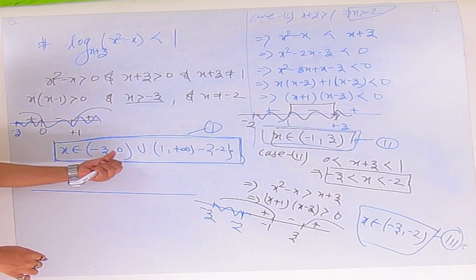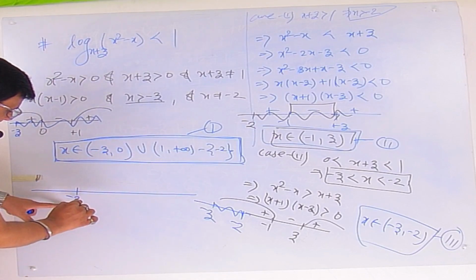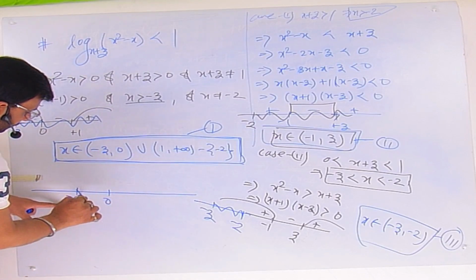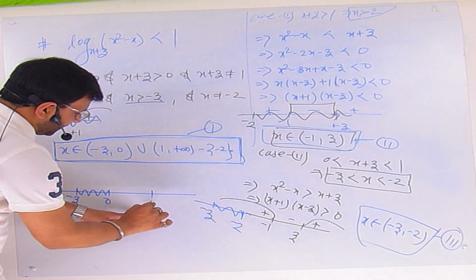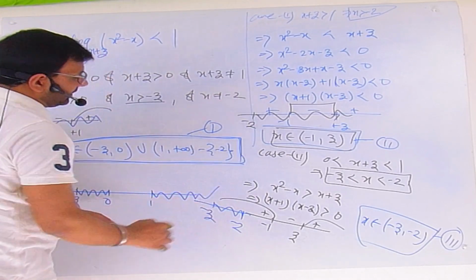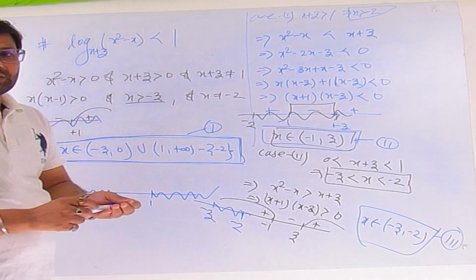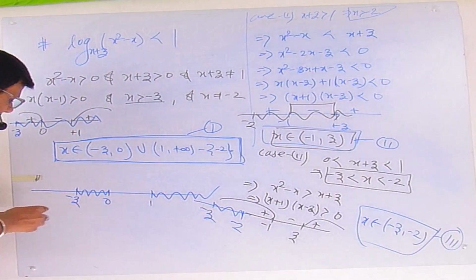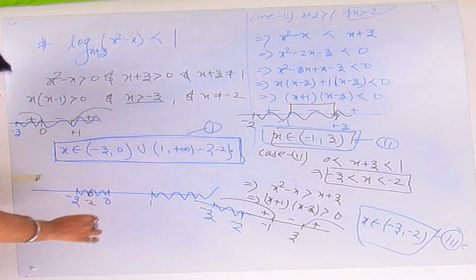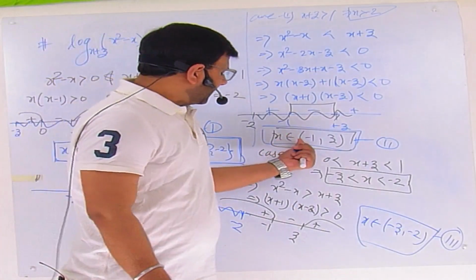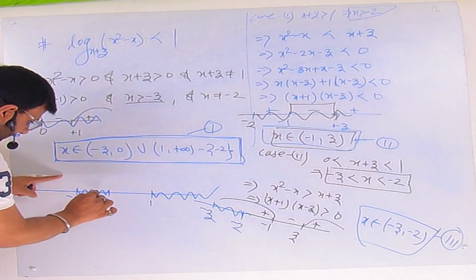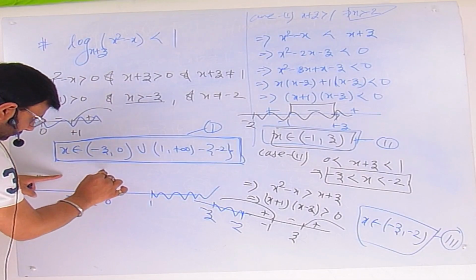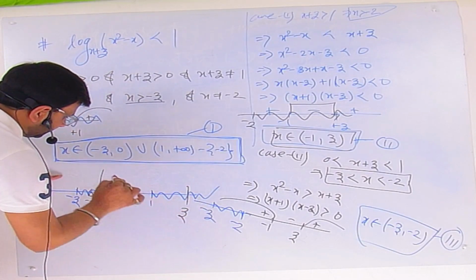So my domain is minus 3 to 0 union 1 to infinity, and I have to subtract minus 2. From case 1, I am getting x as minus 1 to 3.